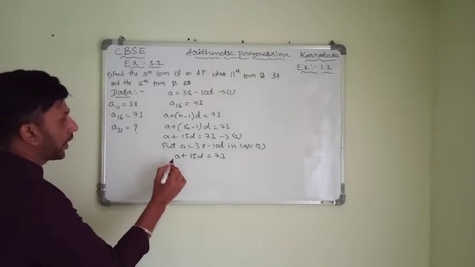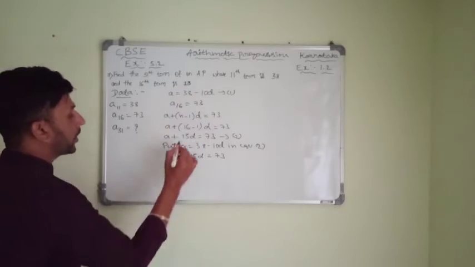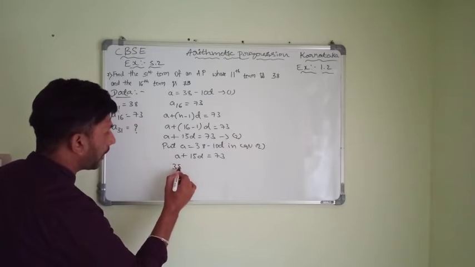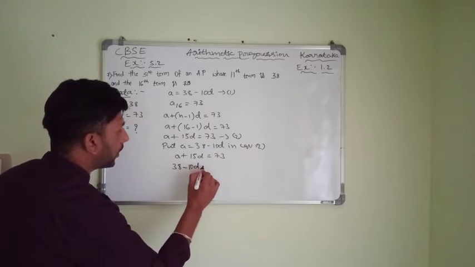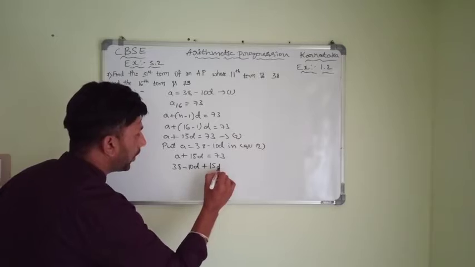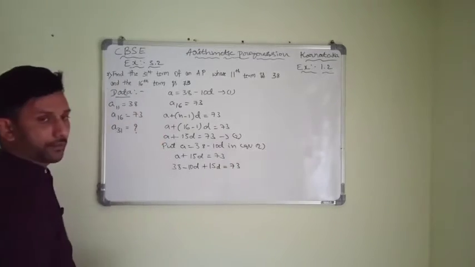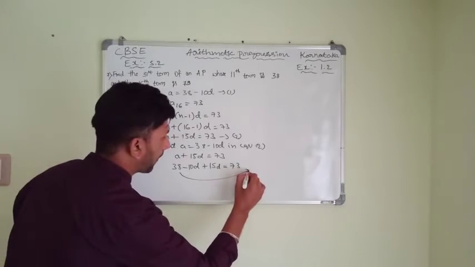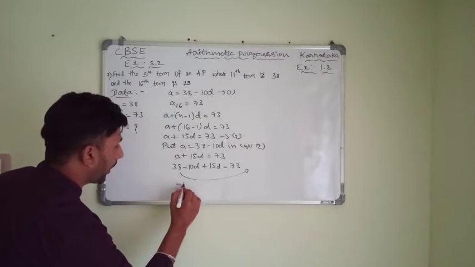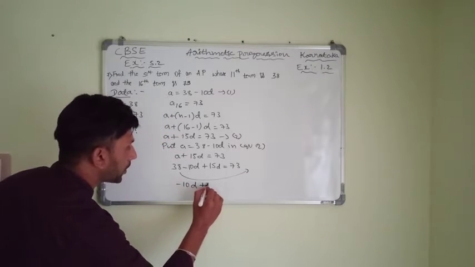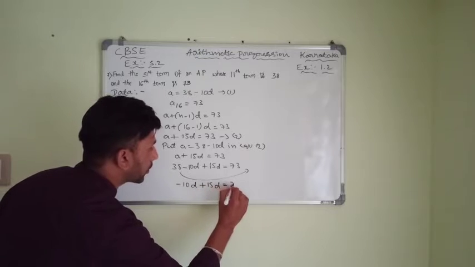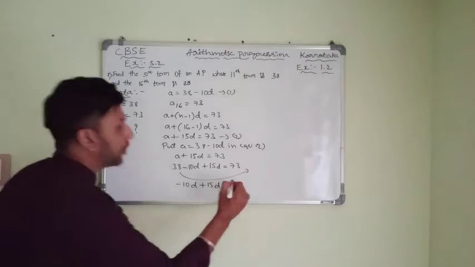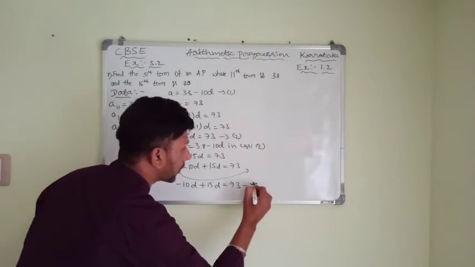So here a value is how much? 38 minus 10d. So therefore in the place of a I am writing 38 minus 10d plus 15d is equals to 73. Now send this 38 to right hand side. So therefore minus 10d plus 15d is equals to 73. If you send 38 to right hand side means it will become minus 38.